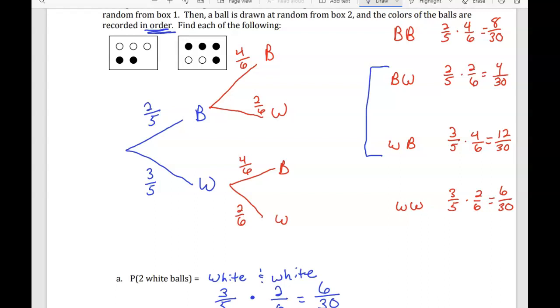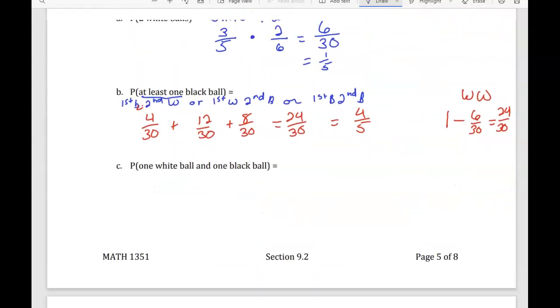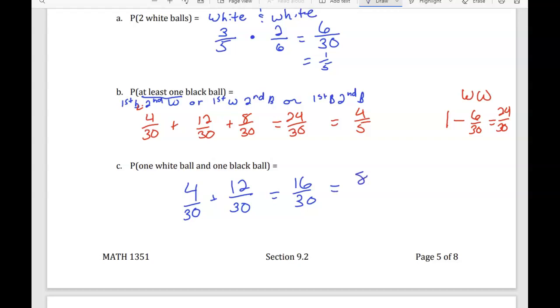So it would be 4/30 plus 12/30. And so that would give me 16 over 30, which can be simplified into 8 over 15. And remember, all of these you can also put in decimal format. Okay?